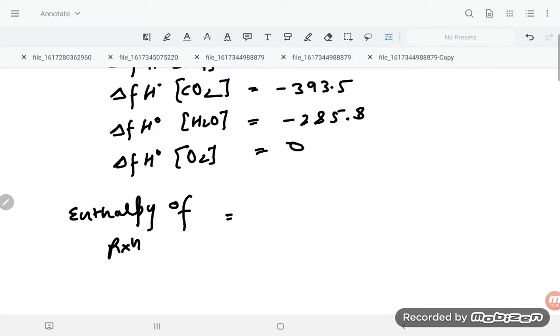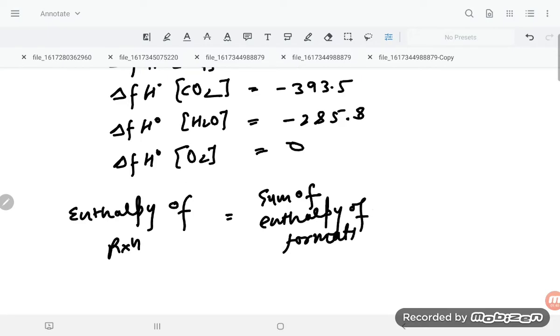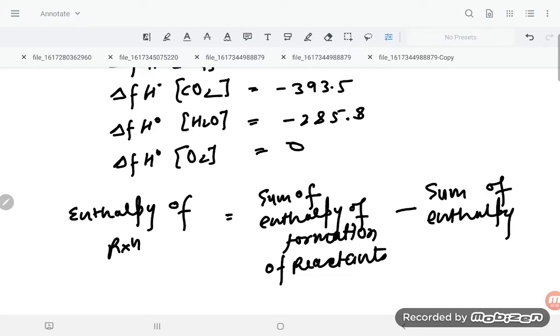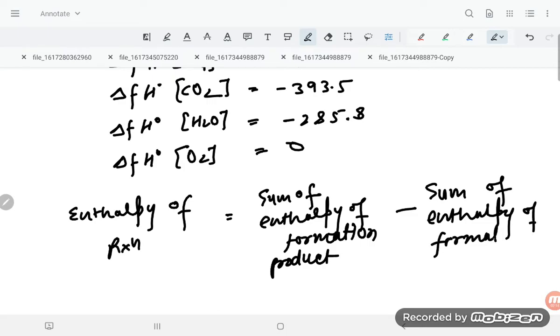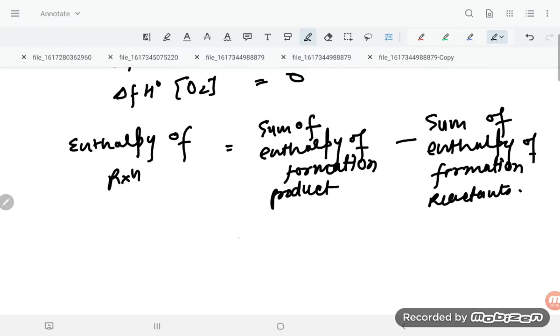Easily we can calculate it: sum of enthalpy of formation of products minus sum of enthalpy of formation of reactants. Okay, reactants.